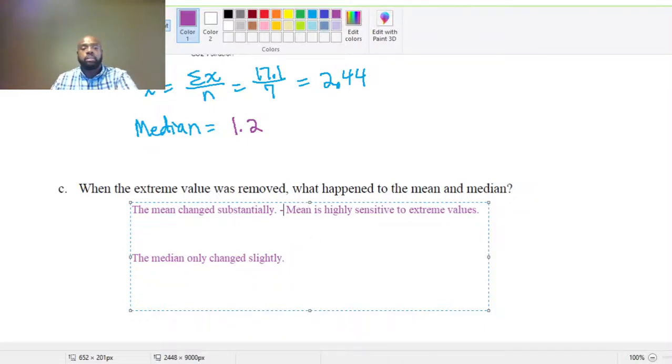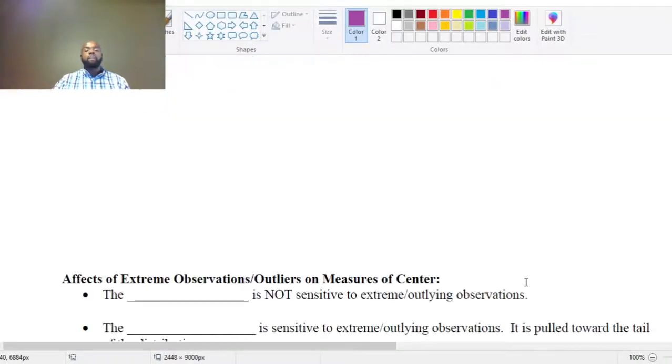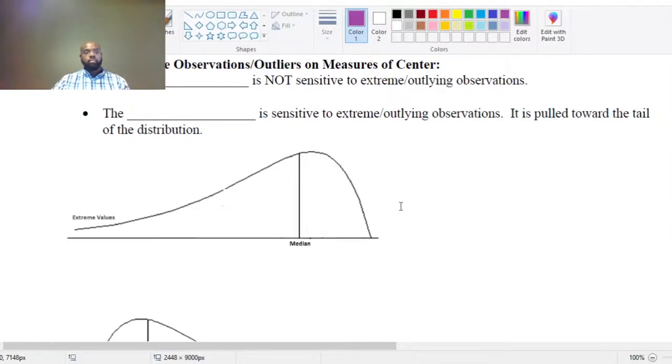I don't like that little piece there. But your median went from 1.5 to 1.2. It only changed slightly. So the median is resistant to extreme values. It's not influenced by those extreme values. And so on the top of the next page, these are the effects of extreme observations.